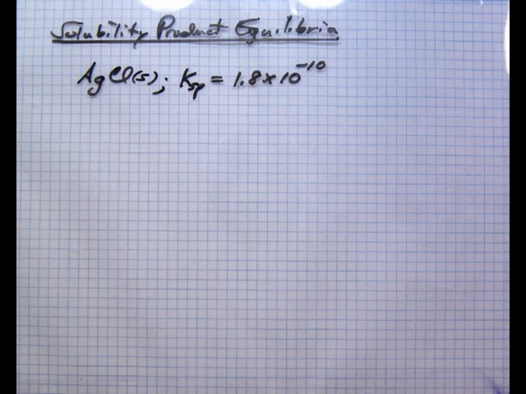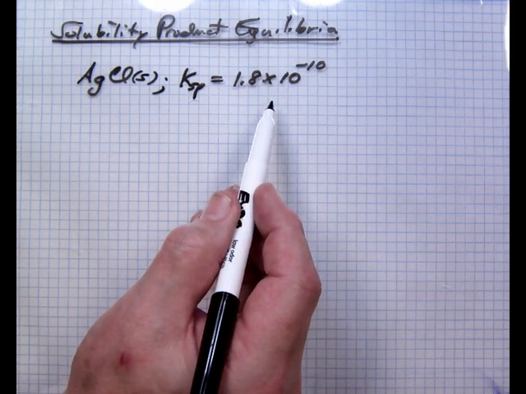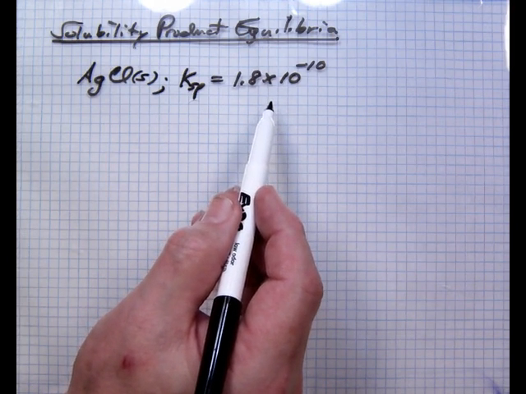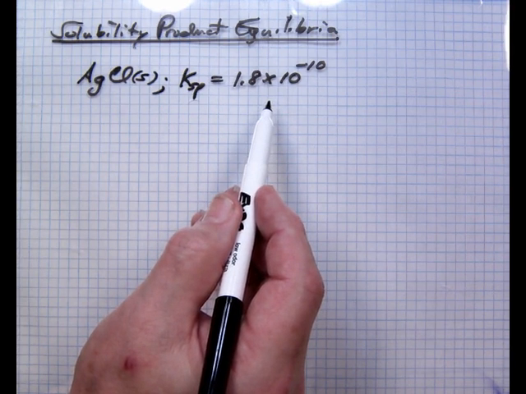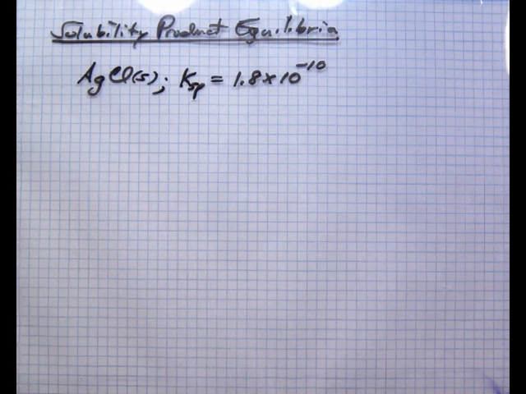So in silver chloride, our generalization here is maybe one molecule will ionize and send a couple of ions in. The concentration, just to give you an idea, is in the order of 10 to the minus 5.